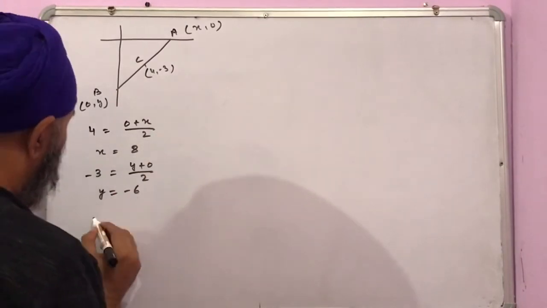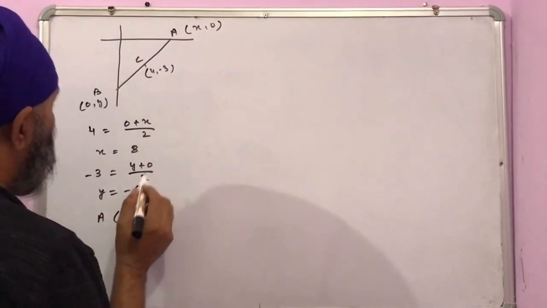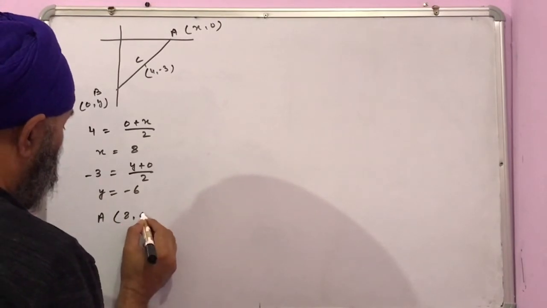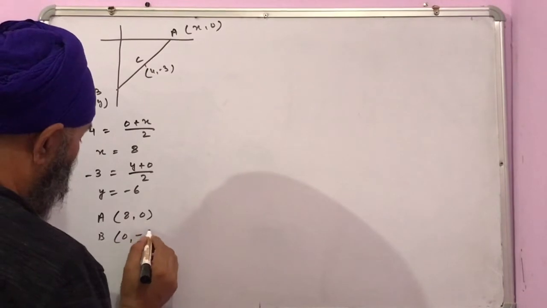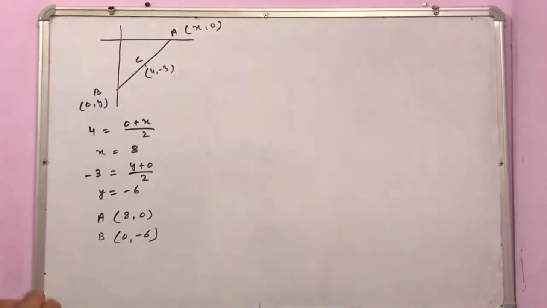So coordinates of A are (8, 0), coordinates of B are (0, -6).